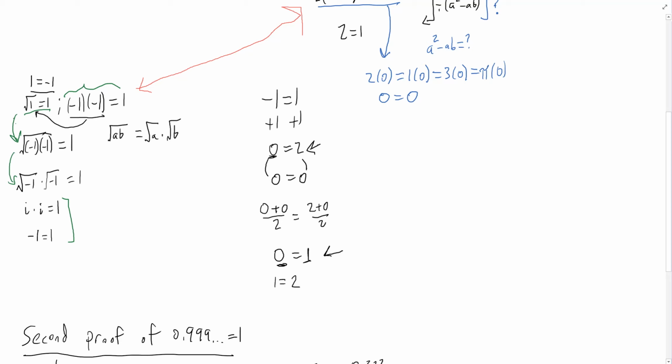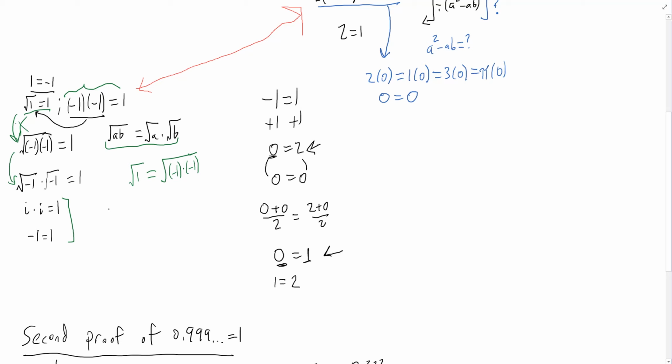This step is completely legitimate. I can do that. The square root of 1 is equal to the square root of -1 times -1. I can write 1 as that product. No problems. It's when I apply this rule.